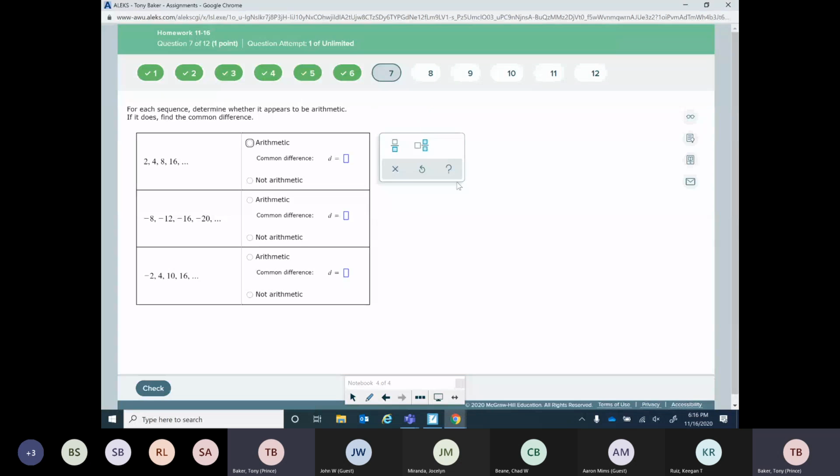This topic's asking you if it's arithmetic or not, and then if it is arithmetic, what's the difference? So how much am I adding to each one? So this first one, I'm going 2 to 4, so that's +2. 4 to 8 is +4. So I know that one is not arithmetic because it's not the same every single time. The next one, I'm minusing 4, minusing 4, minusing 4.